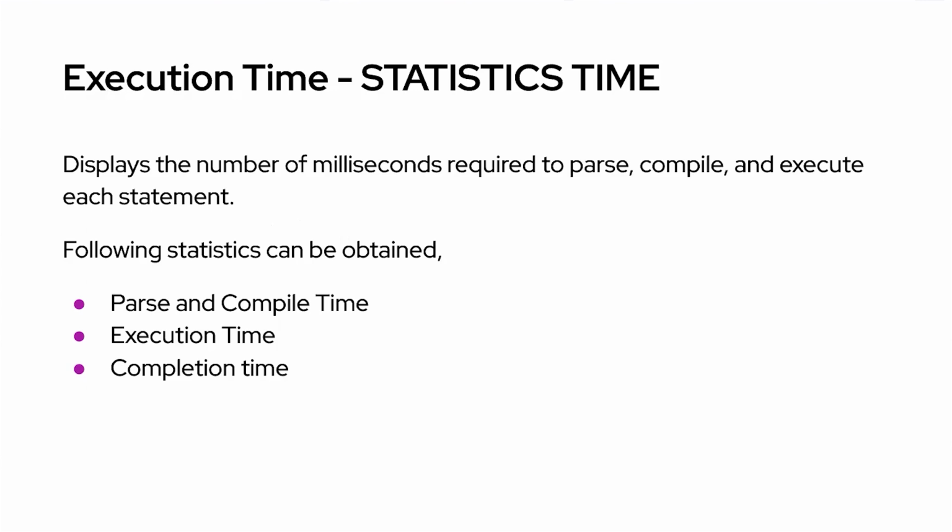If we look at the first metric, it is the execution time, or statistics time. Let me show you a query code snippet so we can practically see how we can obtain this statistics time metric.